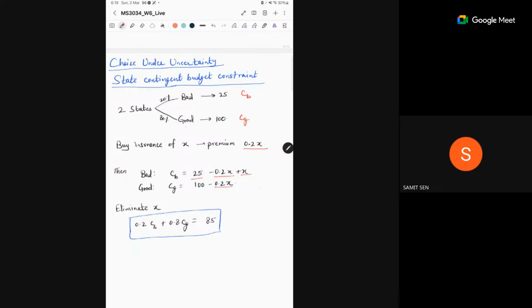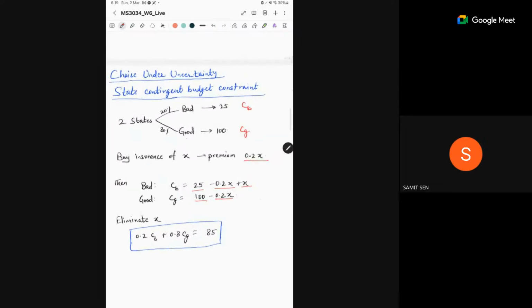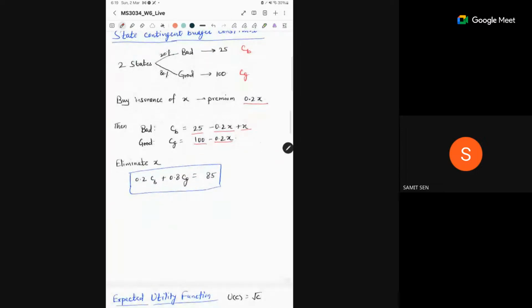Okay, so we have these two equations. We have this coverage amount X which we do not know. If we can eliminate this X, it would give me an equation in CB and CG, and we will call that the state contingent budget constraint.